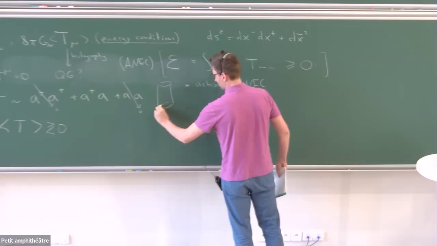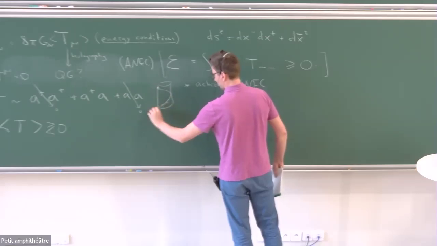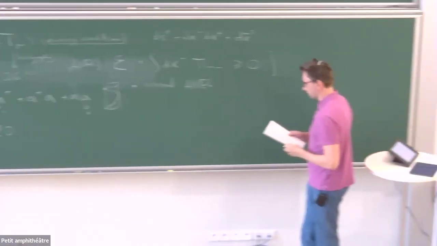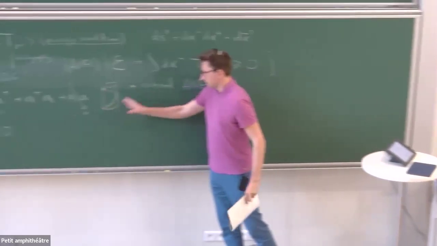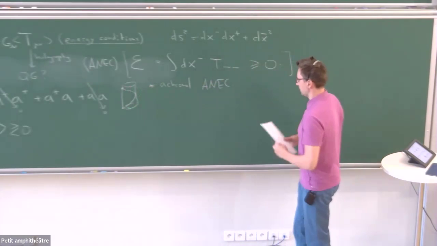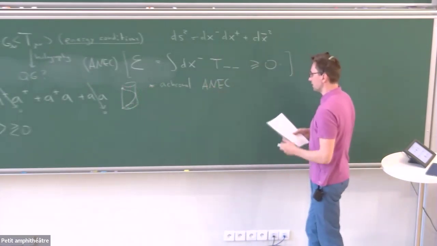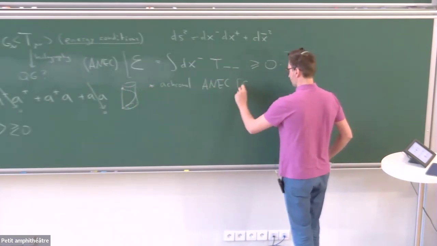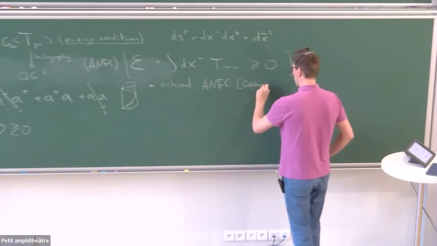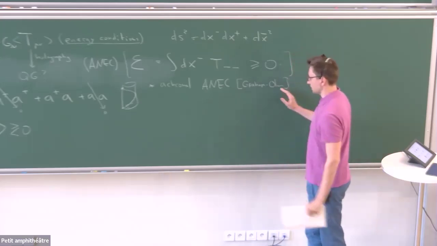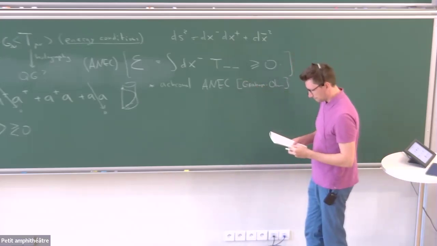If you take a geodesic on a cylinder, these two points are time-like separated, so this is not an achronal configuration, and it appears in many important constructions like a traversable wormhole. So this is believed to be true in a unitary QFT. And there is a nice review, for example, if you're interested, where you can look at the theorems in classical GR you can prove using achronal ANEC.